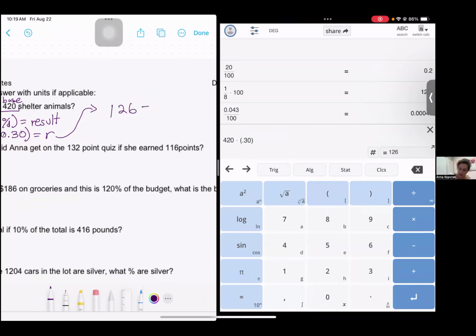So when we do base times percent decimal equals result, we will do a base. I don't know, so I'm going to put B for base. 120% gets converted. Ooh, I could even double check. 120 divided by 100. 1.2. 1.2 equals $186.